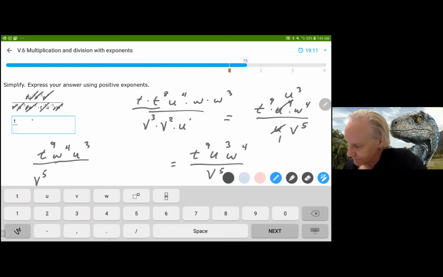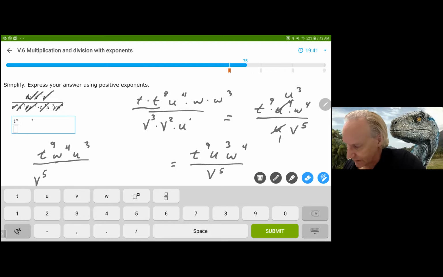T raised to the 9th. And this is going to be a little bit problematic because it's going to be hard to play with these. Not sure how I'm going to get this to work. First of all, I'm going to get rid of this so I can see it better. See if I can get this. It's moving to the wrong location. Let me see what else I can do about this.